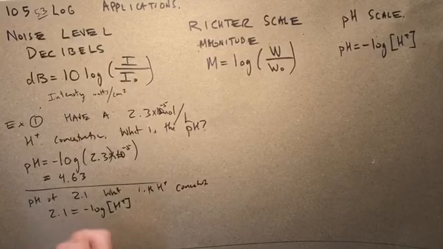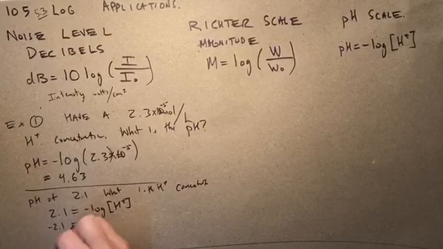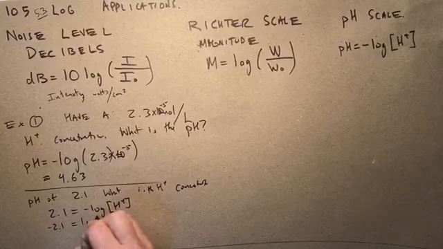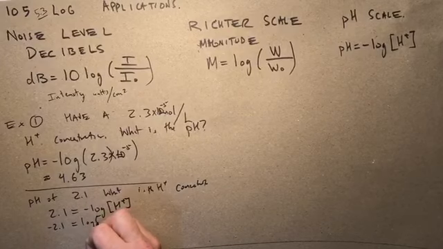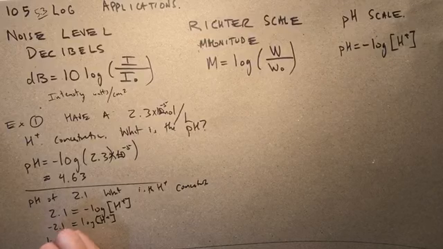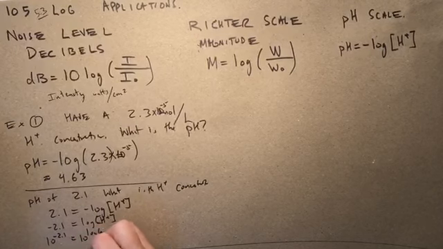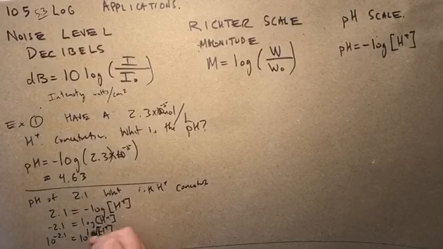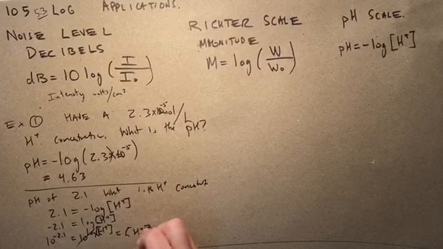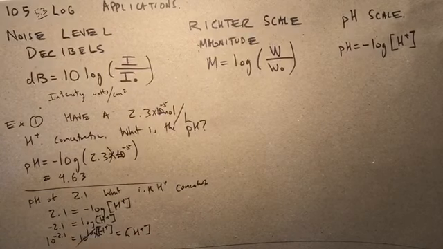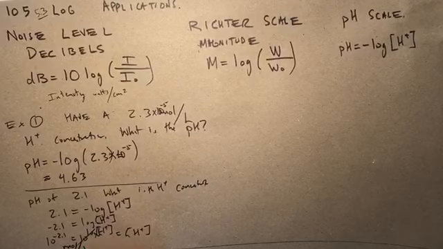We can bring the negative over: negative 2.1 is equal to the log of H plus. Now exponentiating on both sides, 10 to the negative 2.1 is equal to 10 to the log of H plus. And murder occurs, and I'm left with my hydrogen concentration of 10 to the negative 2.1 moles per liter.